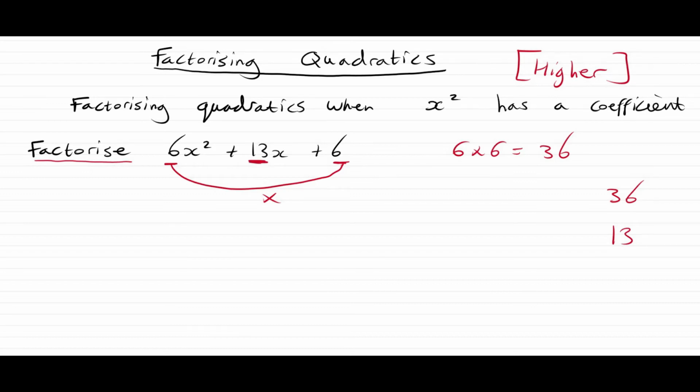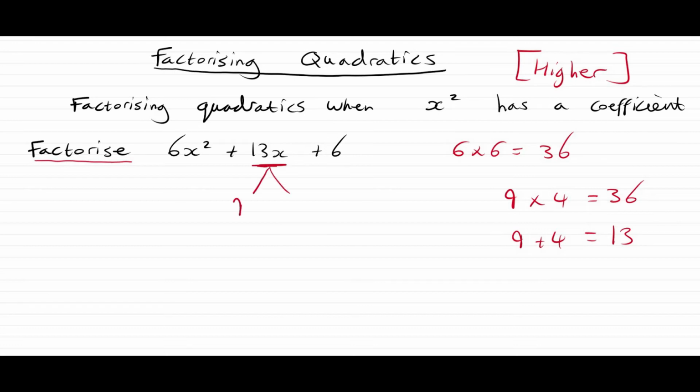So with enough thought, you should have probably figured out that 9 times 4 is 36 and 9 plus 4 is 13. So 9 and 4 we're going to use. What happens now is we're going to split this 13x into two bits.